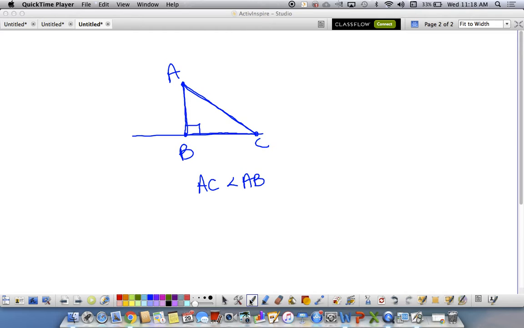Okay? So let's think a little bit logically. If you have a right triangle, and I'm assuming that AC is less than AB, what are we going to do with side lengths in a right triangle? The Pythagorean theorem, right? That says A squared plus B squared is equal to C squared.